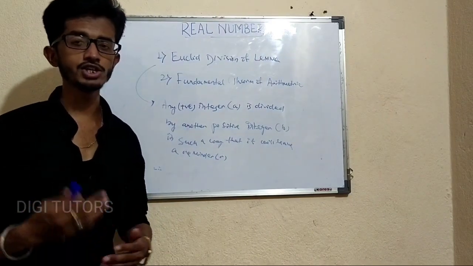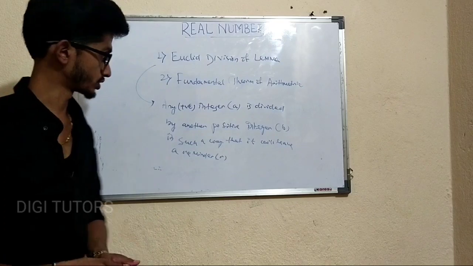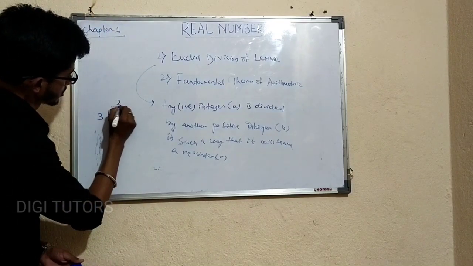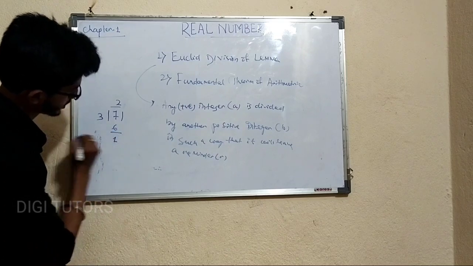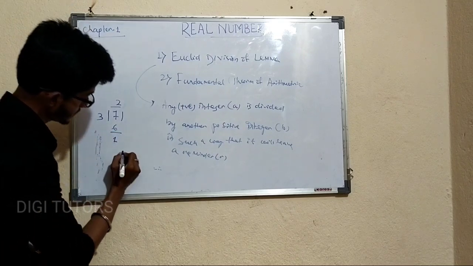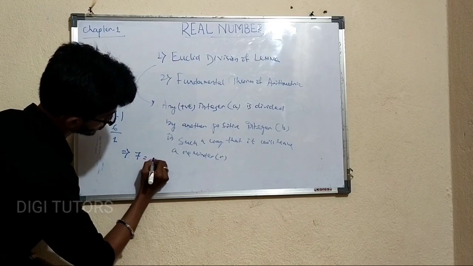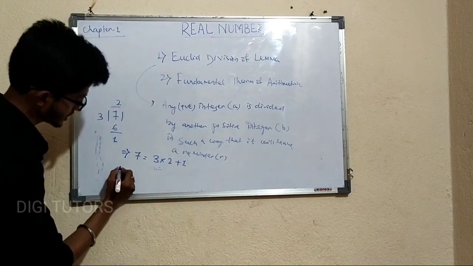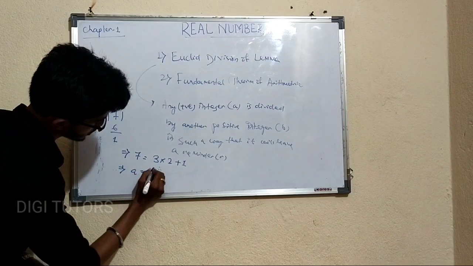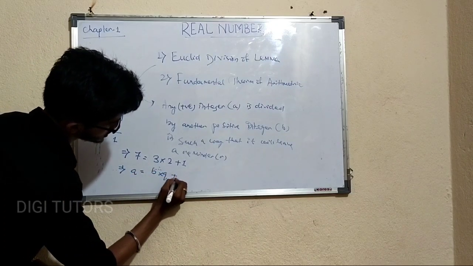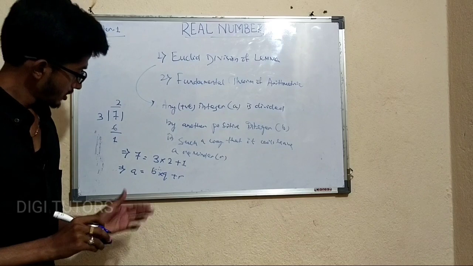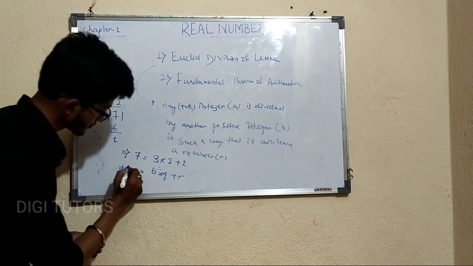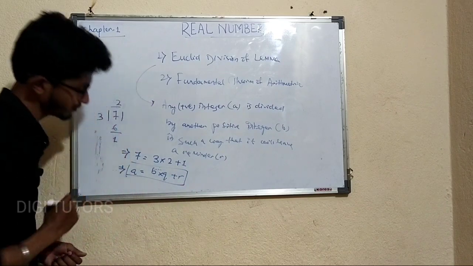In your earlier classes you have learned about the division process, that is 7 divided by 3 gives 2, and the remainder is 1, of the form 7 equals 3 into 2 plus 1. Okay, this is of the form a equals b into q plus r, which is the form of Euclid's division lemma.